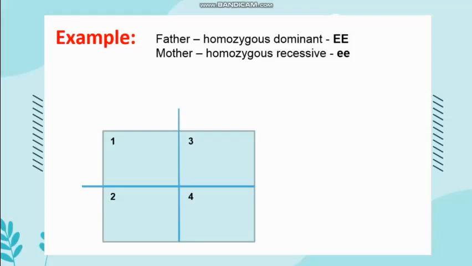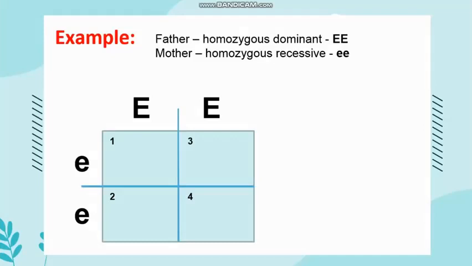So let us write those genotypes of the parents. We are going to write the genotype of the father at the top and the genotype of the mother on the side. These genotypes are also called the alleles, so you have 2 alleles for each.